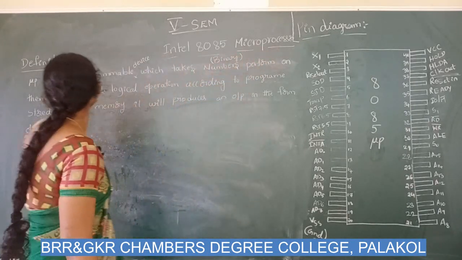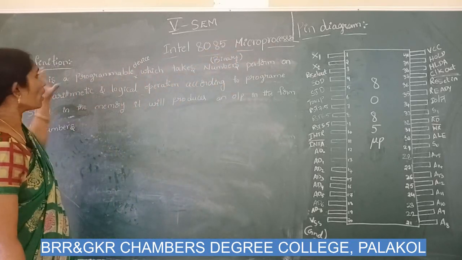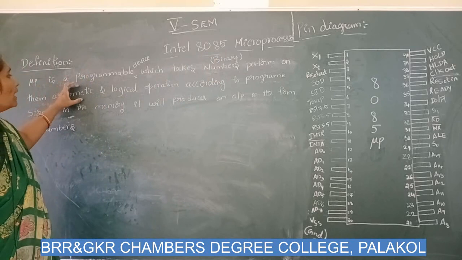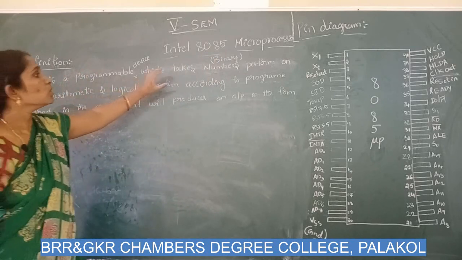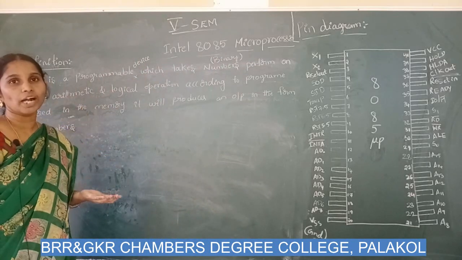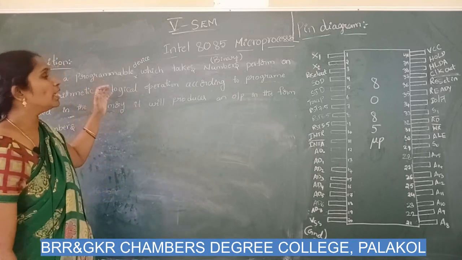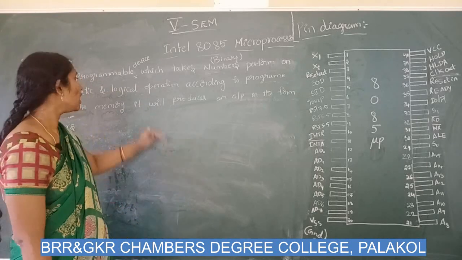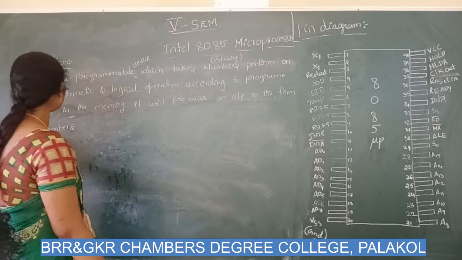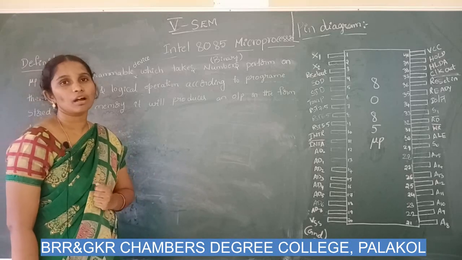What type of operations? Arithmetic and logical operations, according to the program stored in the memory. So depending upon that program, it will perform the arithmetic and logical operations and produce output, and it gives the output in the form of numbers.